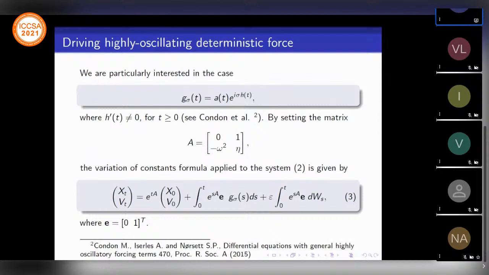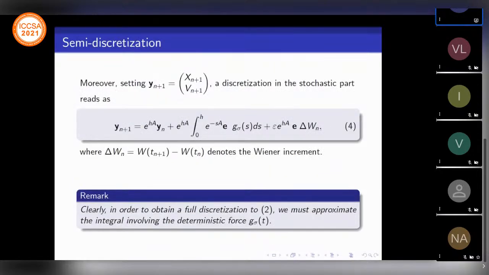We start essentially by writing our equation in its integral form via the variation of constant formula. We aim to provide a discretization of this equation, and we start with the stochastic integral, which we discretize as usual.